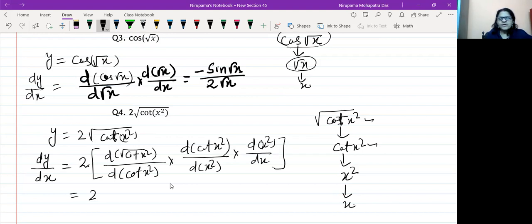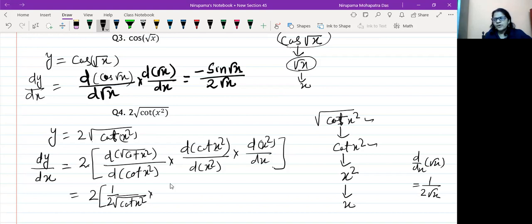So twice of, as we know, d by dx of root x is equal to 1 by 2 root x. It is x to the power 1 by 2 and we apply the formula for x to the power n. So here it is twice of 1 by 2 under root cot x square, into derivative of cot x square with respect to x square. We know d by dx of cot x is minus cosec square x.